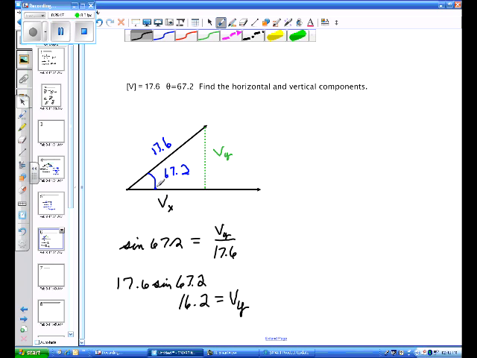To find our horizontal component, which means I should have put that in absolute values, we would use the cosine. We're looking for the adjacent, the hypotenuse, so the cosine of 67.2 is equal to v sub x over 17.6.